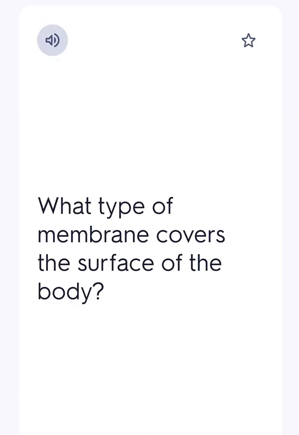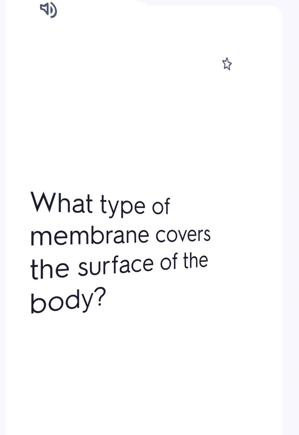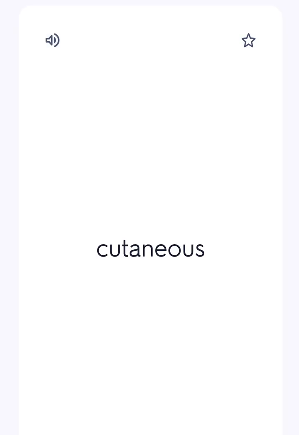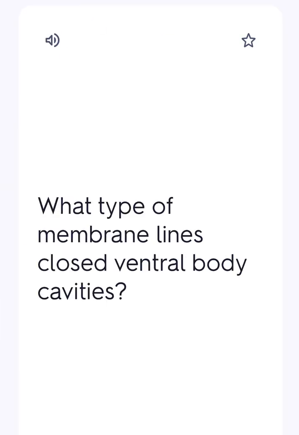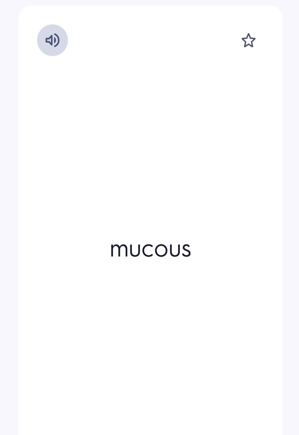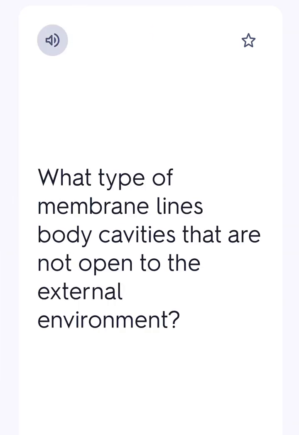What type of membrane covers the surface of the body? Cutaneous. What type of membrane lines closed ventral body cavities? Mucus. What type of membrane lines body cavities that are not open to the external environment?